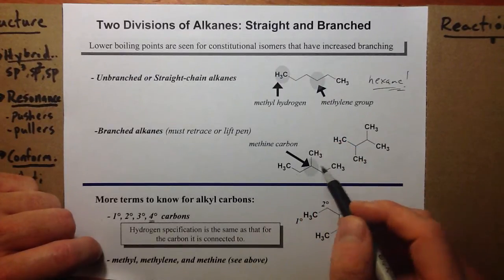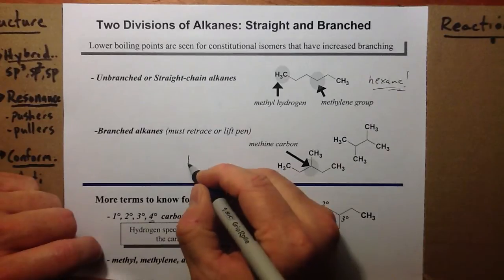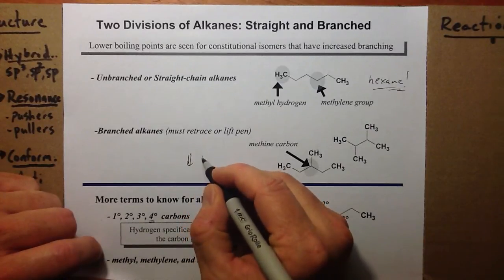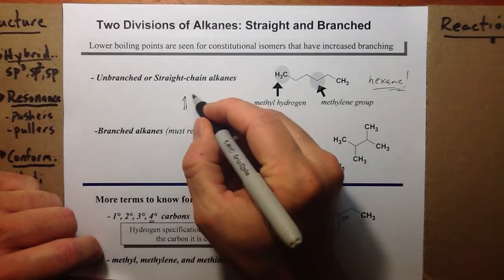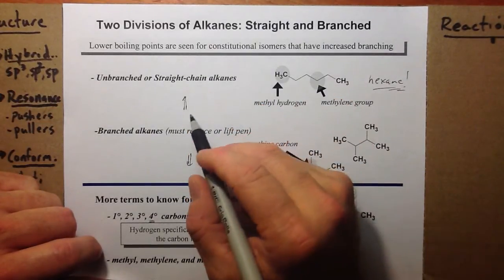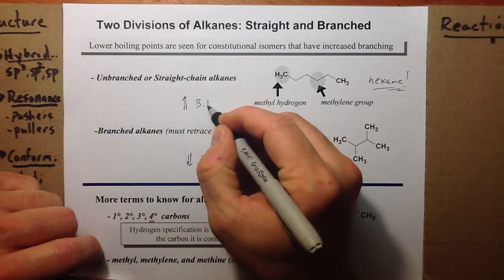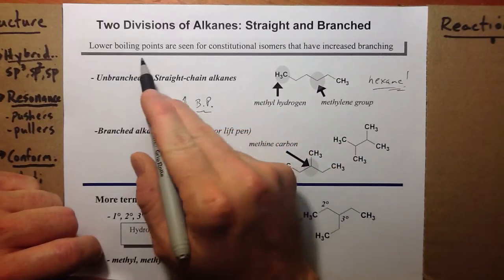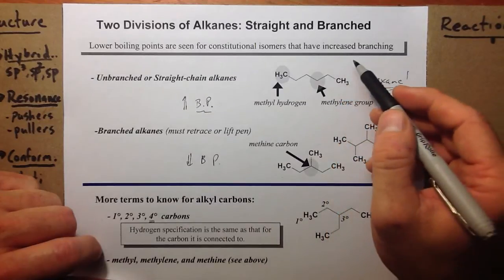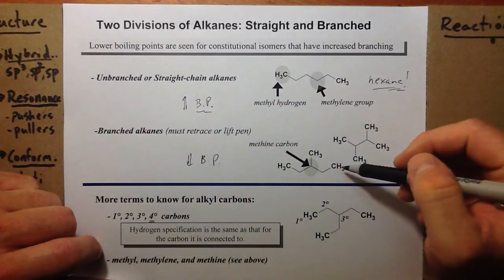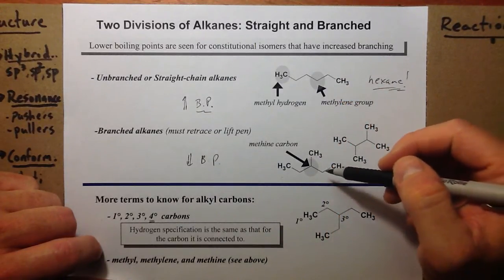These isomers would have lower boiling points. This one, a straight chained alkane having fewer branches, would have a higher boiling point. Lower boiling points are seen for constitutional isomers that have increased branching. So lower boiling points for those that have more branching.